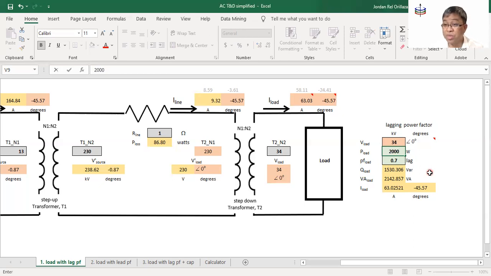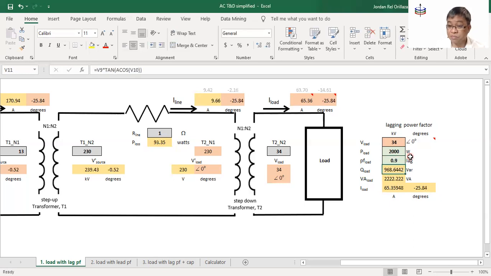At the 2,000 watt load, all the values here have changed: Q has changed, VA has changed, the current has changed as well. If I increase the power factor closer to 1, perhaps 0.9, notice that the reactive power reduced significantly, the volt ampere reduced as well, and the current reduced as well.